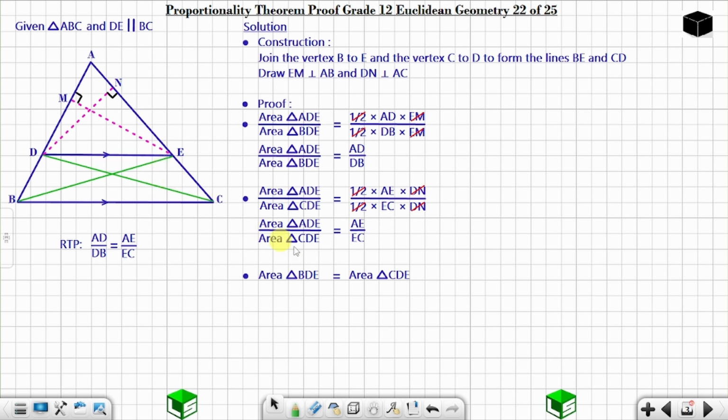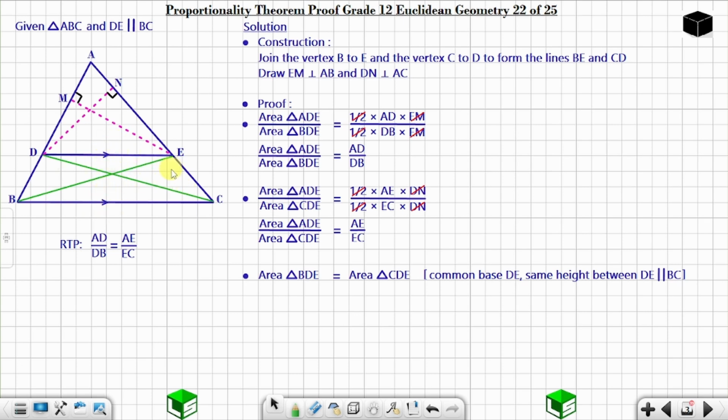Okay, so the reason why the area of this triangle is equal to the area of this triangle, you are going to say common base DE. Okay, DE is a common base for both triangles and you have the same heights between these lines that are parallel to each other. I can show you that.